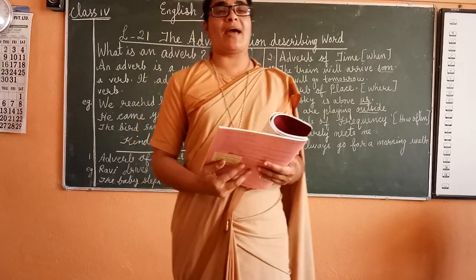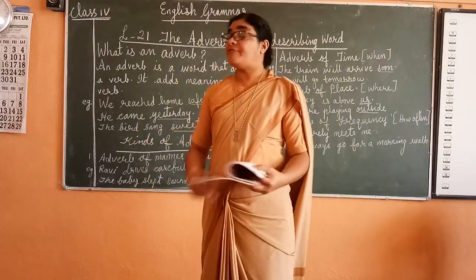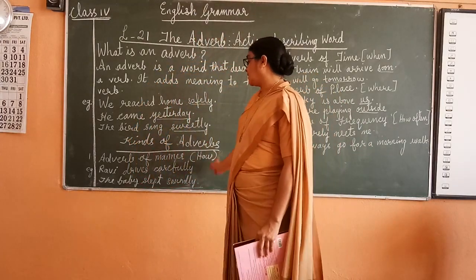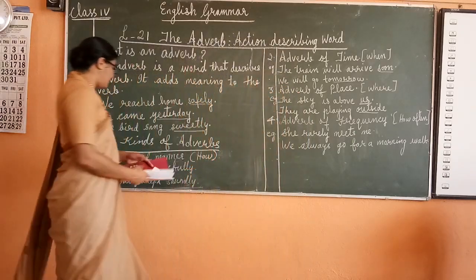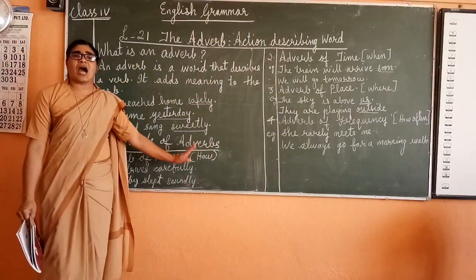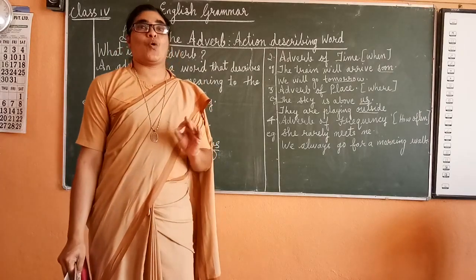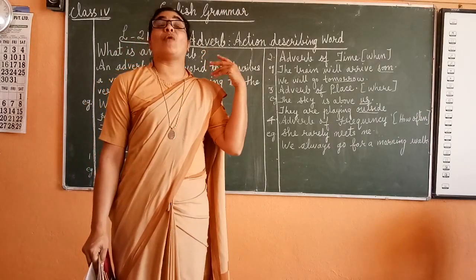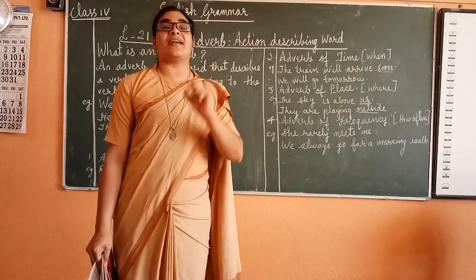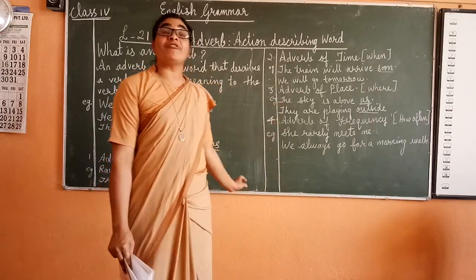Now let us see one by one. First one, adverb of manner. How an action is done, or in what manner an action is done, is described by the adverb of manner.